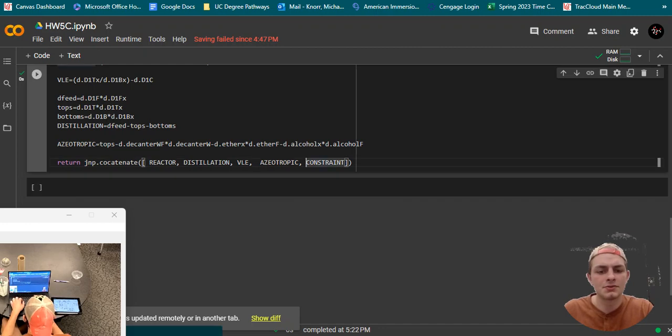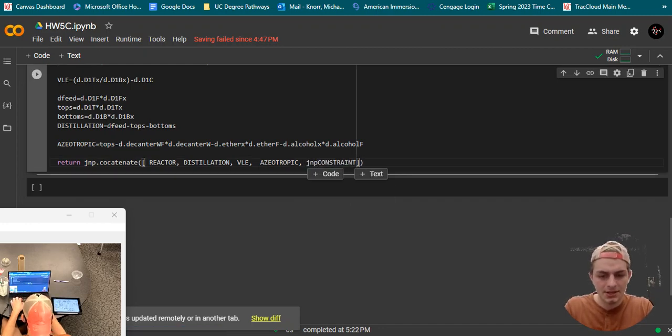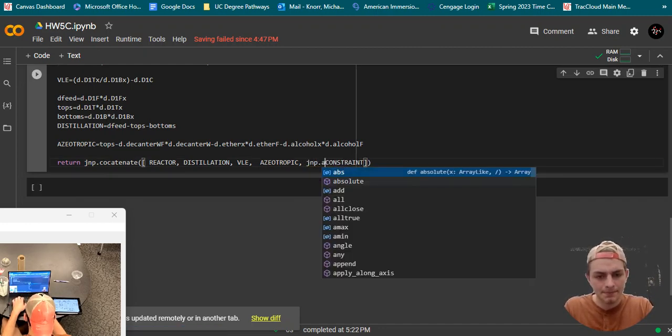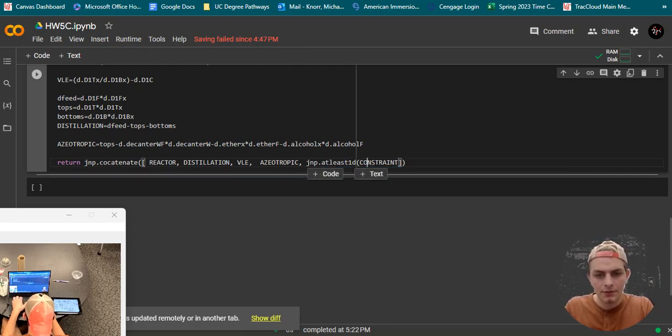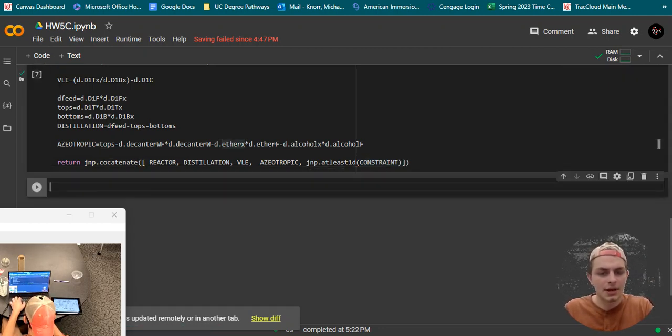Okay, I just realized one error here. JNP dot at least one deep for this constraint. Reason being, we're concatenating arrays, and that's going to need to be an at least one deep array.